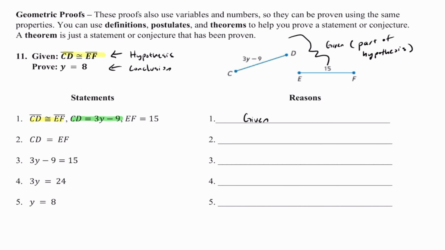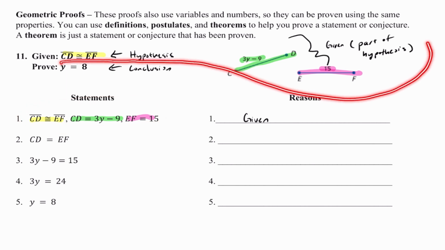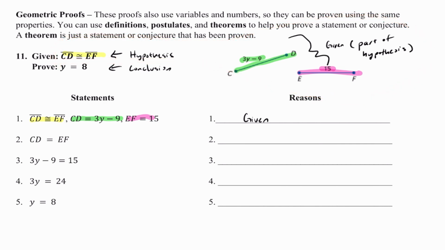So this came from this. And then lastly, the measure of EF equals 15, which came from here. So the reason for this statement is given because all of these things here came from everything over here.